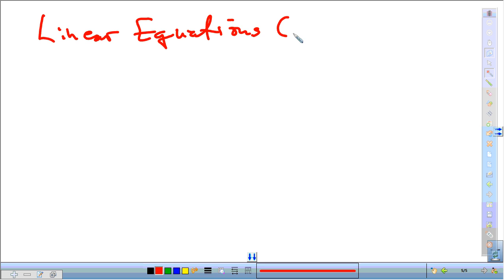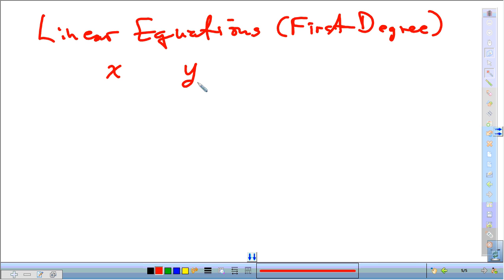Now, let's look at a more specific setting of linear equations. Those would be first degree polynomial equations. So in a first degree equation, we can have x to the first, but 2 variables, so we could also have y to the first terms, and we could also have coefficients, so maybe 2 and minus 5.